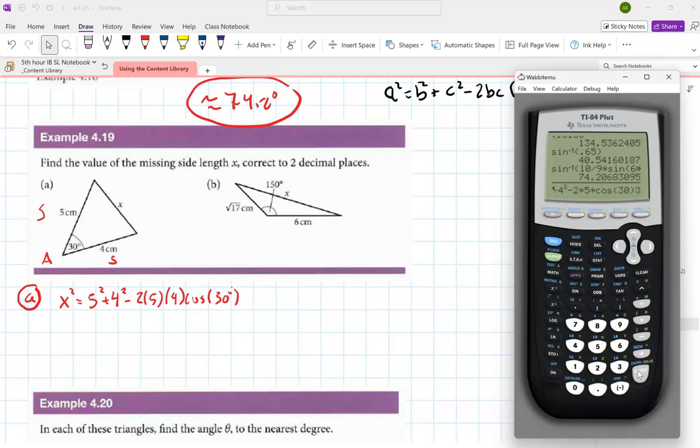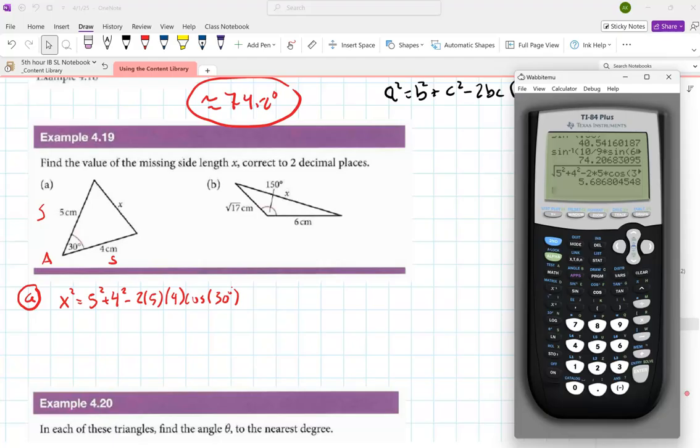Yes. You can label them however you want. They're just names, so whatever label you want to give to things. The thing you have to remember is that the side opposite the angle has to have the same letter name as your angle. So your angles are your capitals.